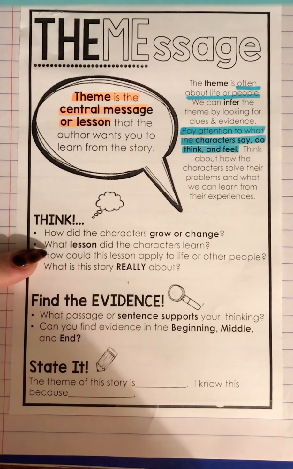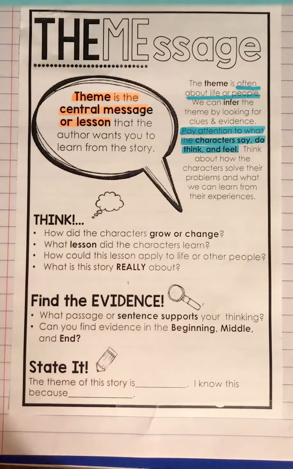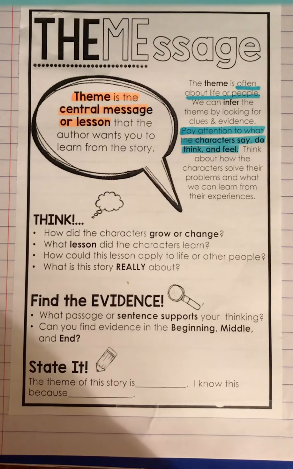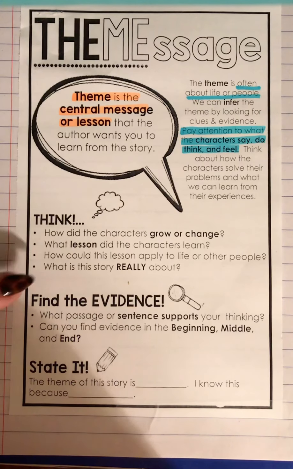Then, what did the main character or characters learn in the story? Then, how could this lesson apply to life for other people? The character might have learned something that if he told somebody else, other characters could apply it to their life. And then we're going to think, what is this story really about?